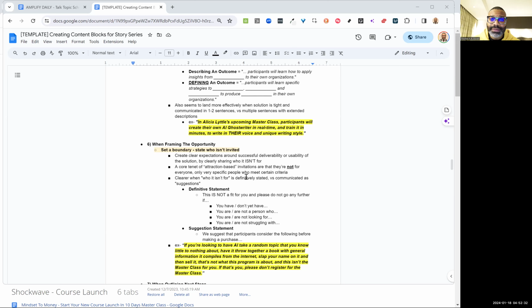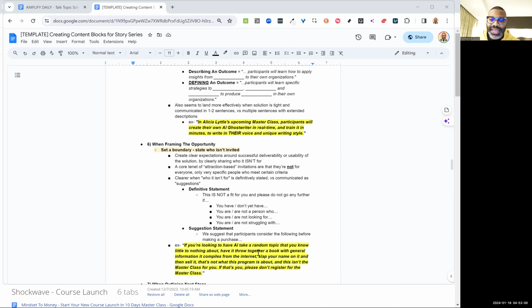A definitive statement, let me define that for you in this context. This is not a fit for you, and please don't go any further if you have or don't yet have blank. You are or are not a person who blank. You are or are not looking for blank. You are or are not struggling with blank. Okay, that would be an example of what a definitive statement might look like or sound like.